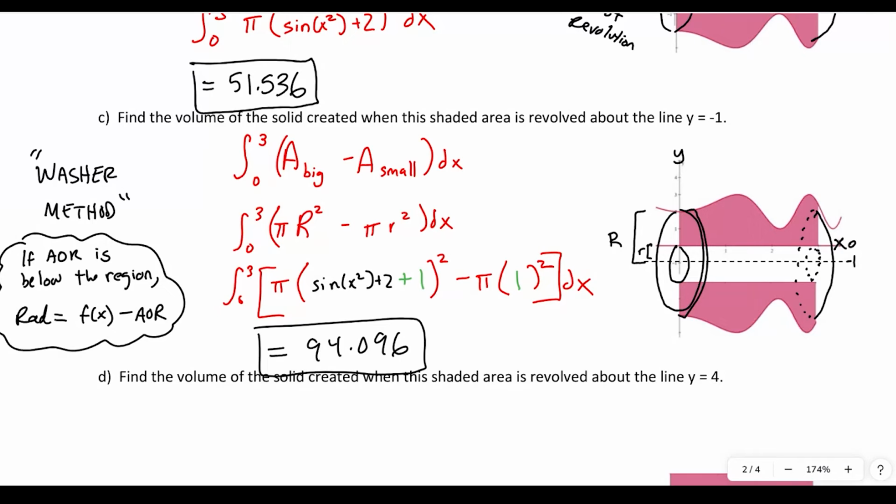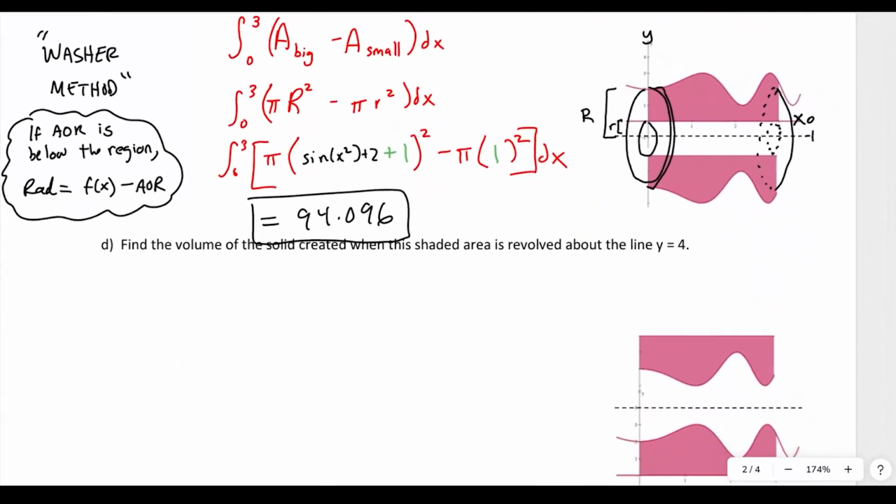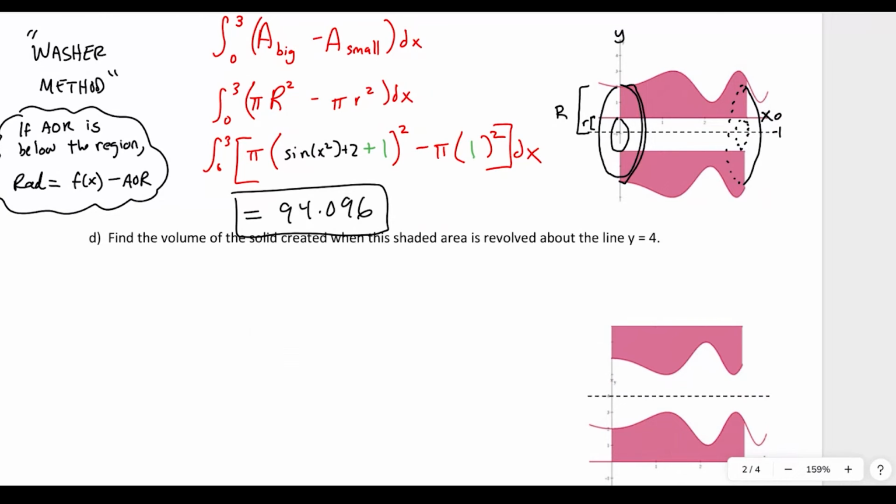All right. So this is an example where that axis of revolution is below the region, but what if it's above the region? What if we have to revolve upwards rather than downwards? Let's get a little different here. So let's say we want to revolve that region, which is actually this lower region down here, this one right here.